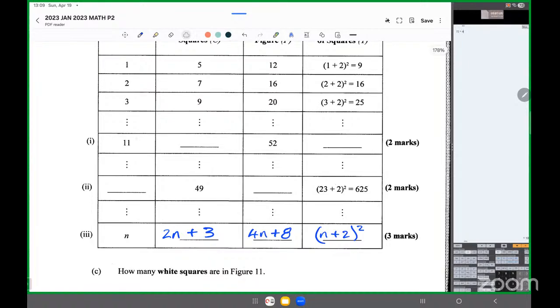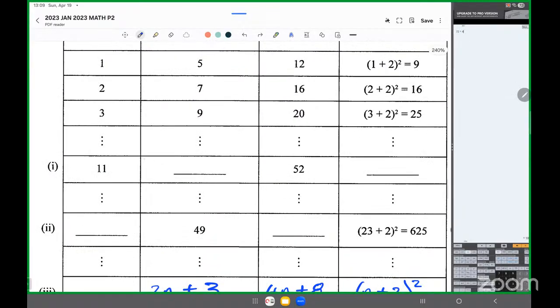Let's pull out for 11. So for 11, we're going to put 11 on here. It becomes 2 times 11 is 22. 22 plus 3 is 25, right? This becomes 2 times 11 plus 3 using the formula. That's 25. All right.